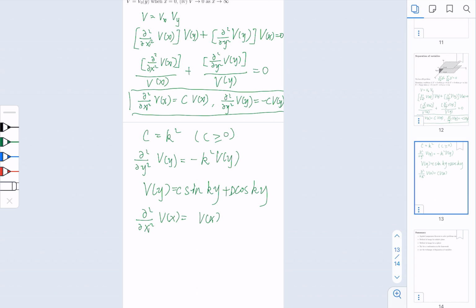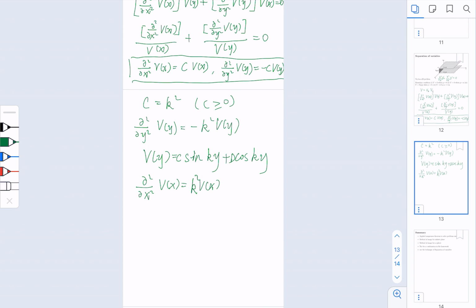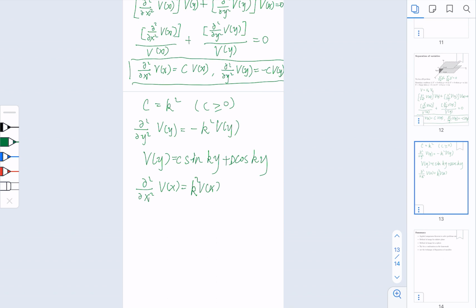So instead of c, let's write k squared. The actual solutions are exponential functions, either exponential of kx or exponential of minus kx, and again the solutions can take any arbitrary linear combination of the two.